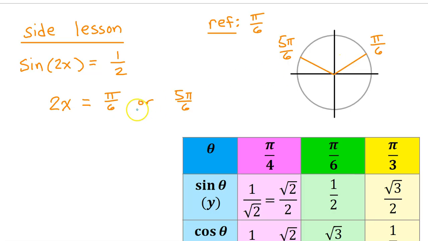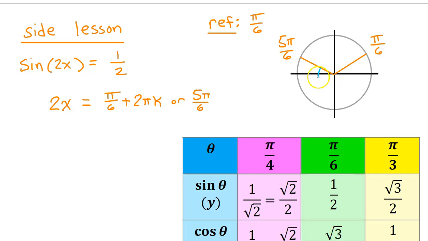Therefore, we have to write these separately, and we will turn each one of these into infinitely many solutions by adding multiples of 2 pi. Going all the way around and back to here will give me another solution. Adding multiples of 2 pi will give me infinitely many solutions that land in the first quadrant.